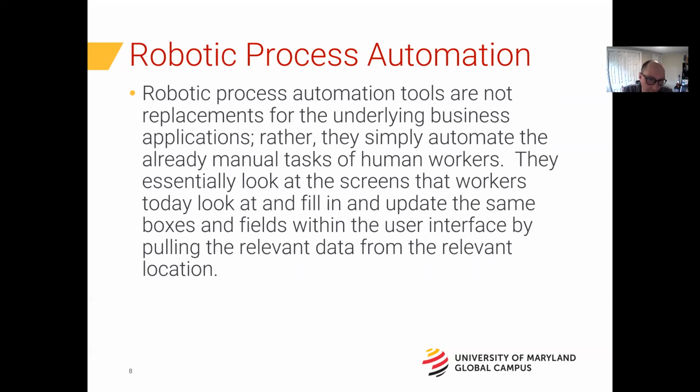When you think of robotics, I'm not talking about R2-D2. I'm not talking about other famous robots. The term robot or bot is used interchangeably with software processes as well as hardware processes.